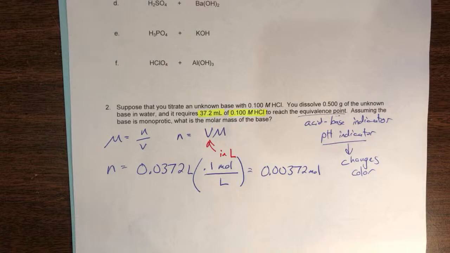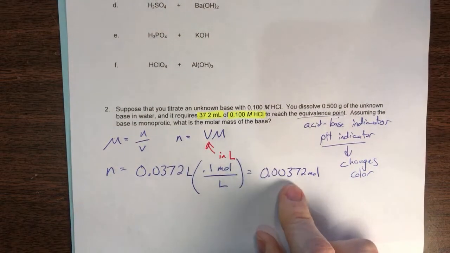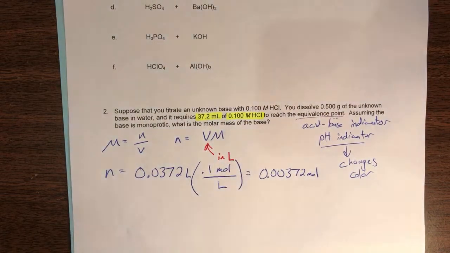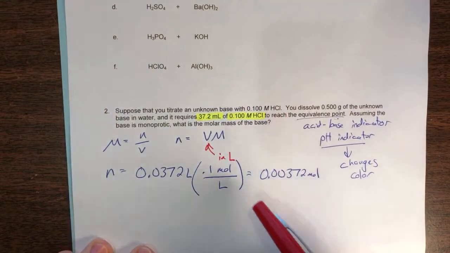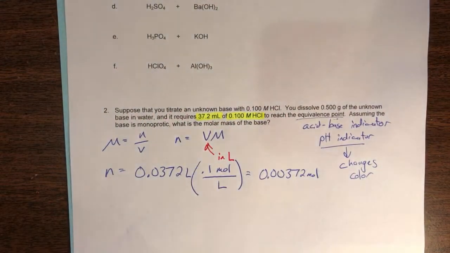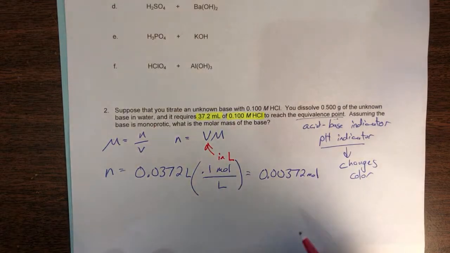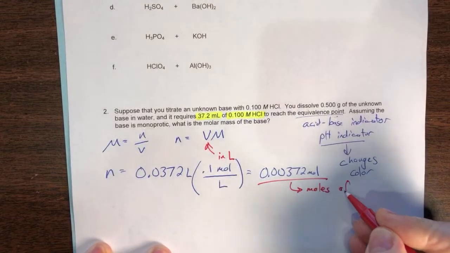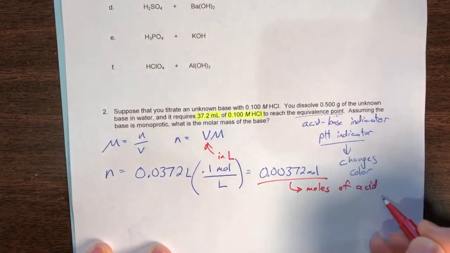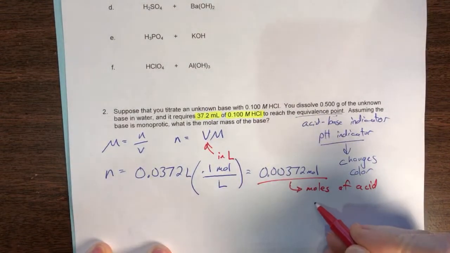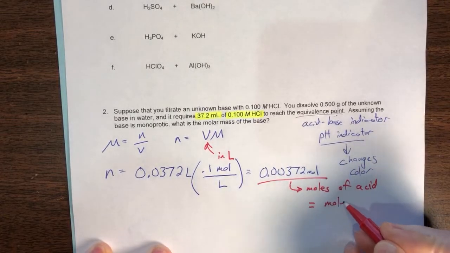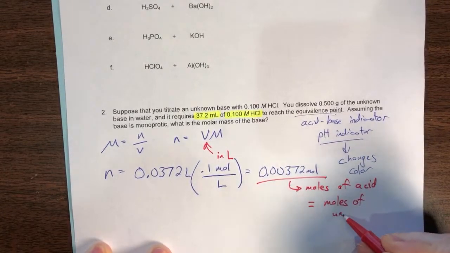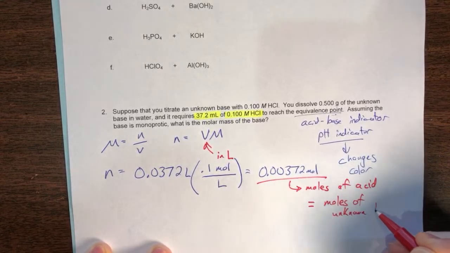Next step. Well, we got to think about what this means first. For your next step, this is the number of moles of acid that we added. But the key to this titration thing, what's so special about this, is that this is the moles of known acid, but it's also equal to the moles of unknown base.